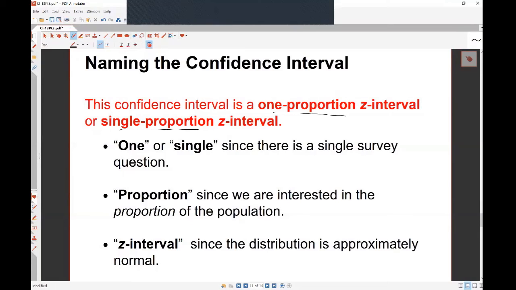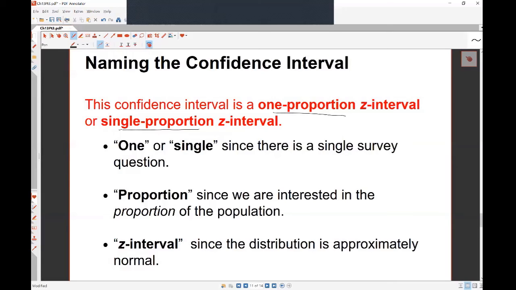Was this baby born prematurely? Or does this person work outside of Fort Worth city limits? There's a yes/no question, and we are studying what proportion of individuals in the sample answered yes.